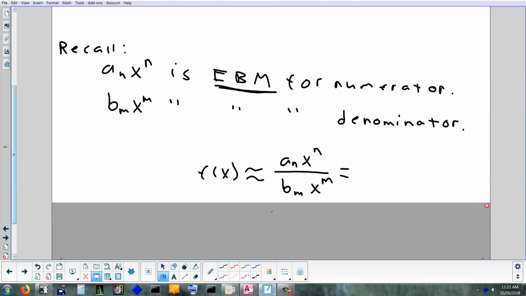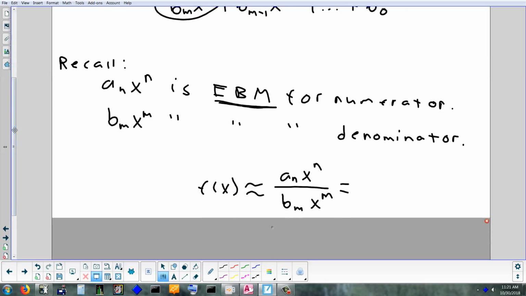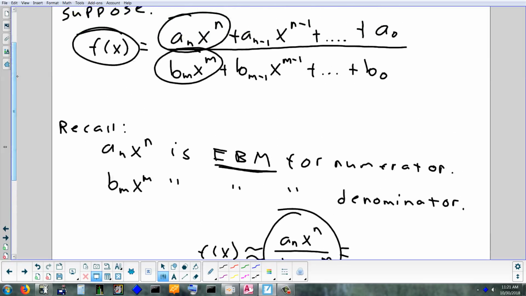So this function, f of x, whatever it is, as x gets really, really big, basically, that's what you're going to get. Okay? If you're saying, well, what about all the other stuff? What about all those other terms? Don't they make a difference? Not really. If x is in the millions or billions, they don't really matter.